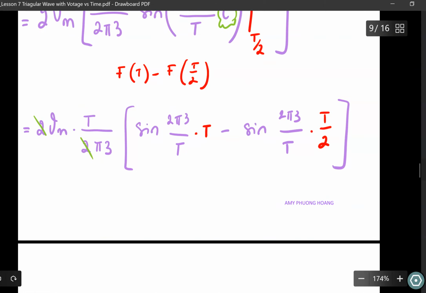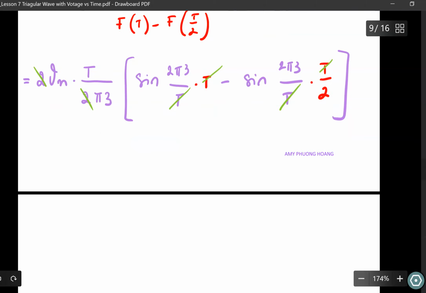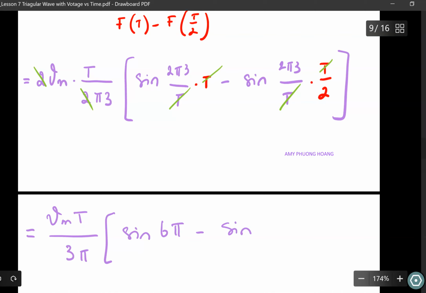Alright, so what do I have? Now you see, you can cancel that with that, you can cancel that with that, and what I have left is Vmax times T over 3 pi, and right here I should have sine of 6 pi subtract sine of, you see that the 2 can cancel out as well, so sine of 3 pi.